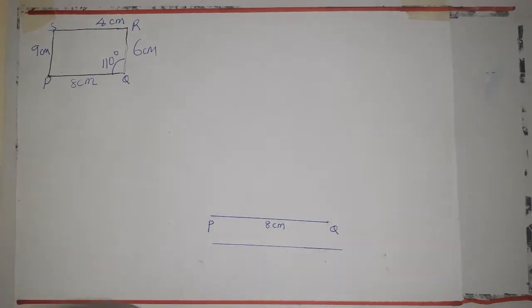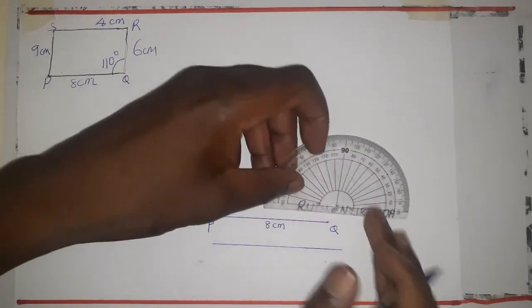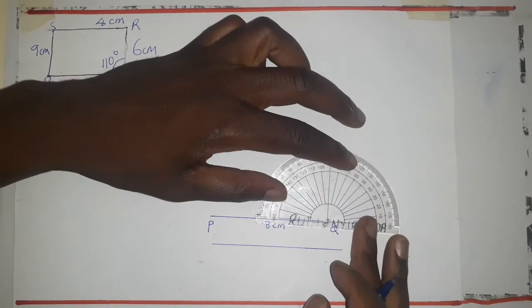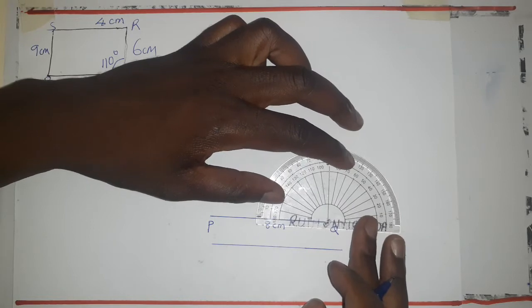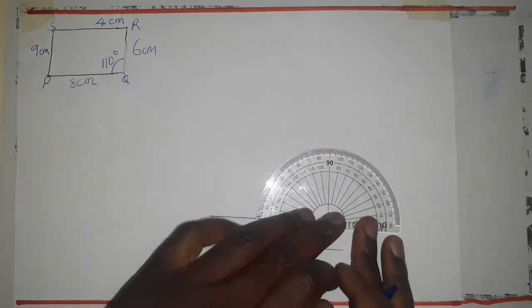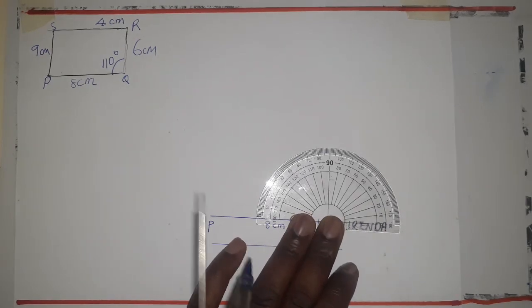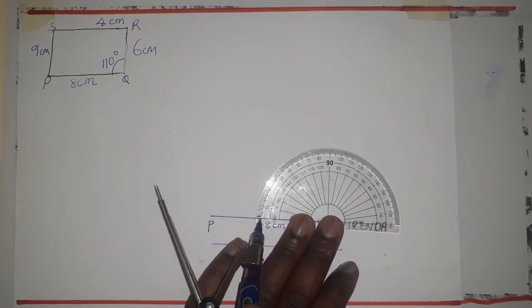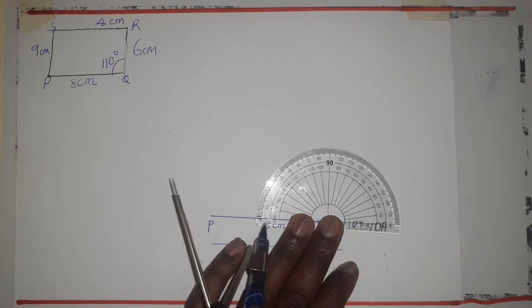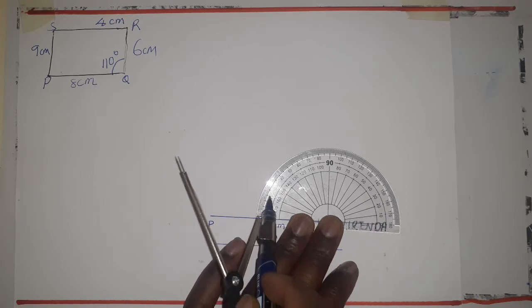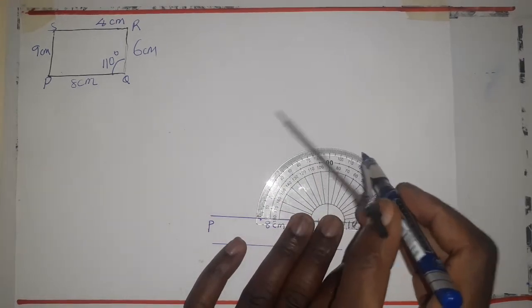We have been demonstrating from the previous exercise how we measure angles. Nevertheless, our job is to repeat over and over like we are preaching the gospel. Remember, the zero must be lying on top of the line. So we begin to count 0, 10, 20 until we get to 110.